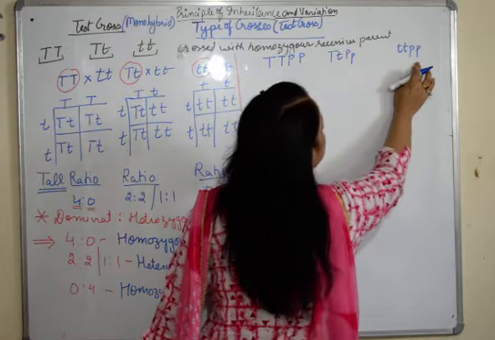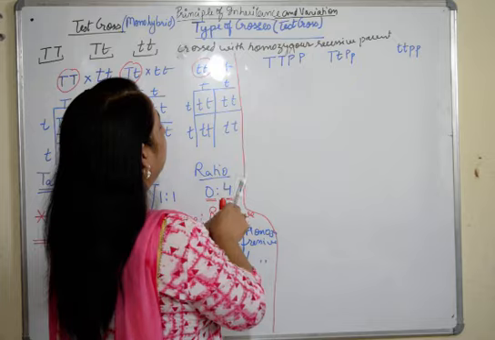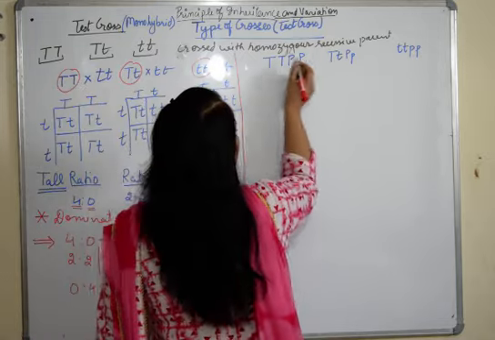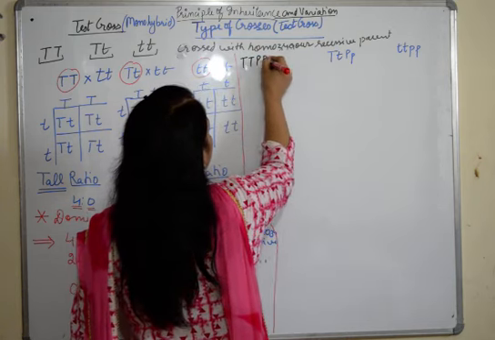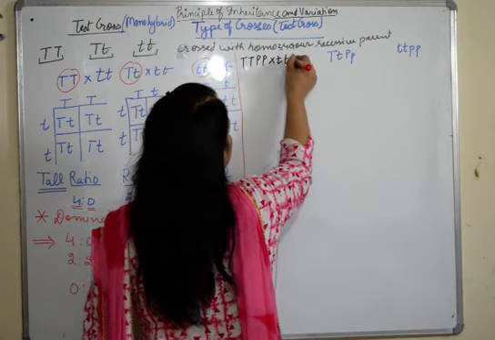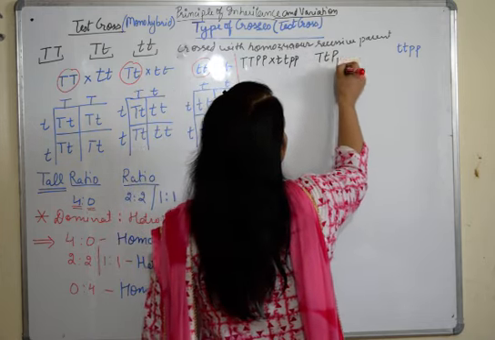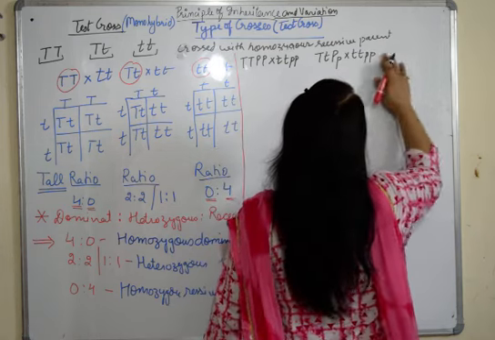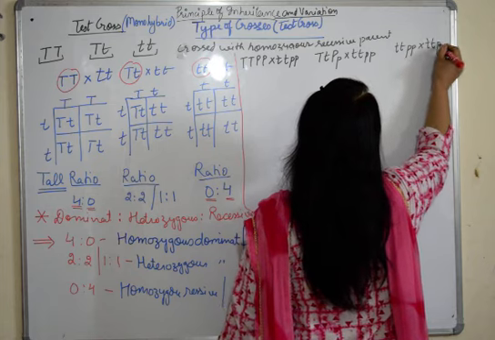These are the 3 conditions which can be formed here, and now we are going to cross them with the homozygous recessive parent. So I'll need this space. So it is TT crossed with the homozygous recessive parent. Next again crossed with the homozygous recessive parent. Next condition again crossed with the homozygous recessive parent.